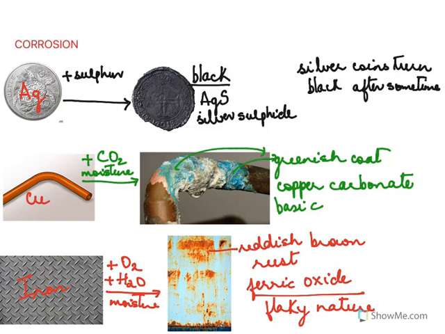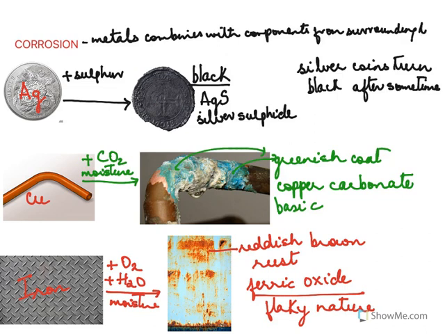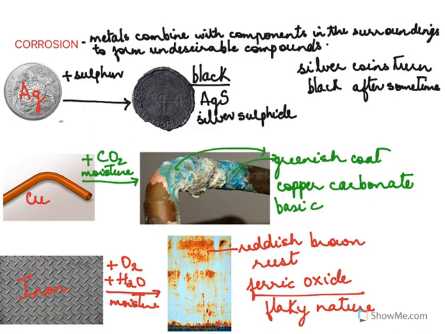So this phenomenon wherein a metal combines with components from the surroundings to form undesirable substances is called corrosion. So this is corrosion. Then we go to see what is rancidity.